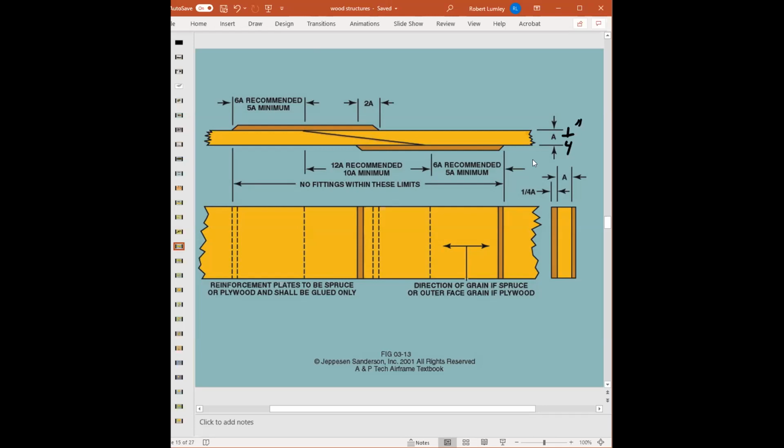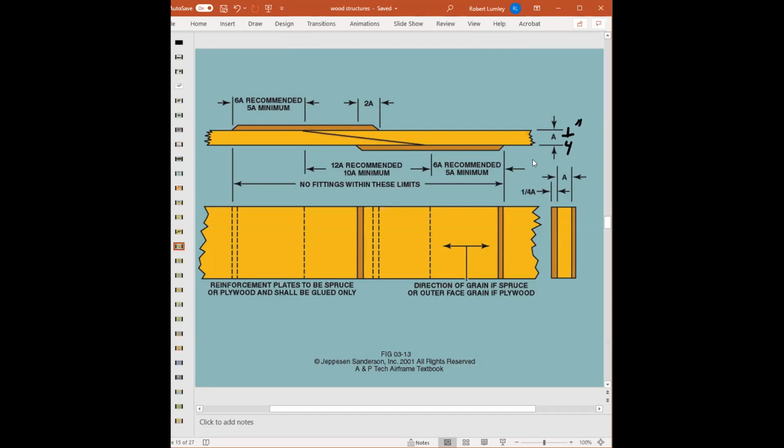But we may not remove those nails because it would actually do more damage by removing it, okay? But keep in mind, once again, the nails are not there for structural strength. And then they're showing us that we got to go 5 to 6 times the thickness of the material.